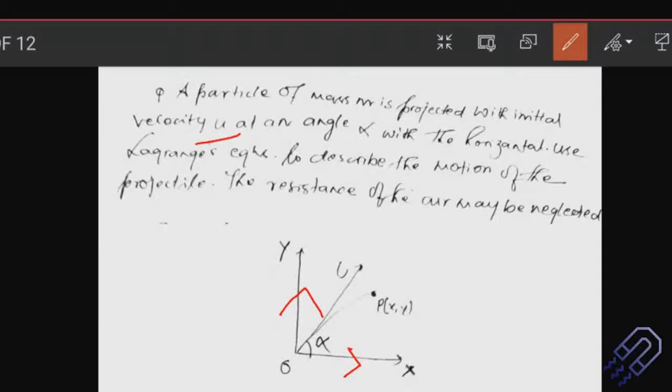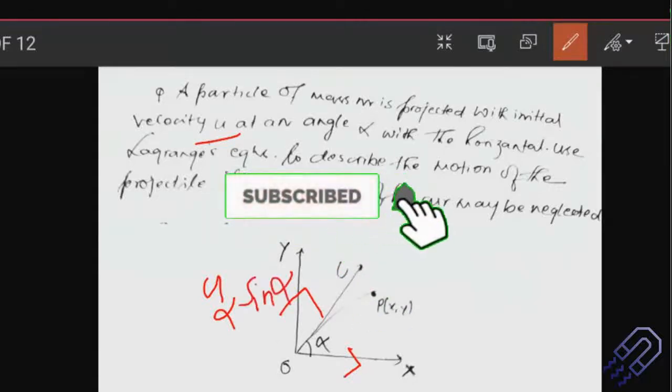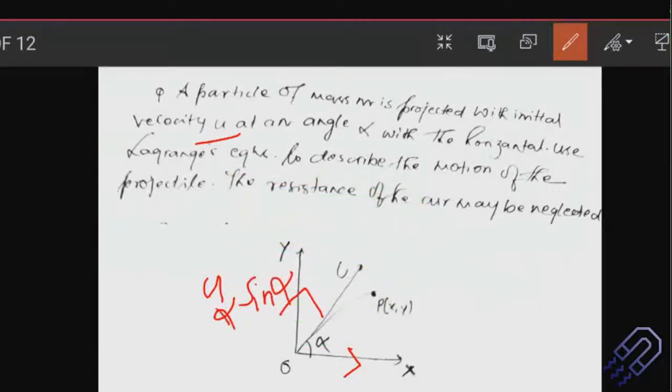This will be u sine alpha, and this will be u cos alpha. So these are the two components, which is something already there from vectors. So this is the question, and now we have to find out how to write down this answer.